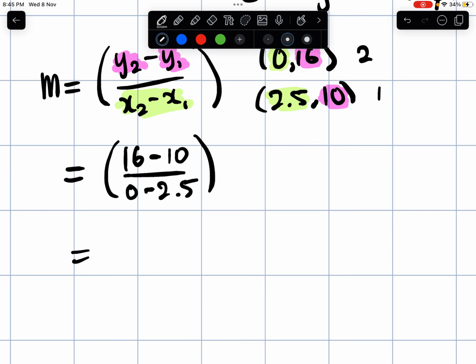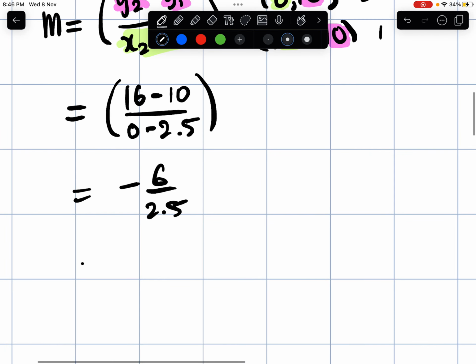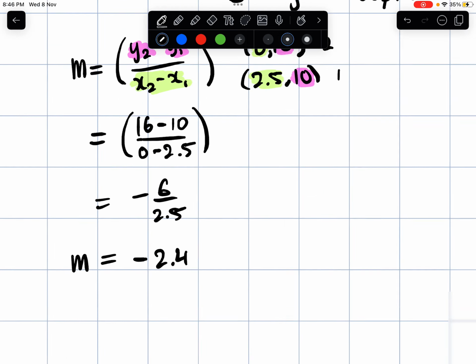That gives us 6 over negative 2.5. And that is equivalent to, put it in the calculator, negative 2.4. Sweet. So m equals negative 2.4.